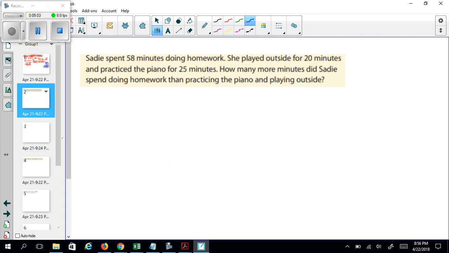Okay, so now here's the next one. Here it says that Sadie spent 58 minutes doing homework. She played outside for 20 minutes and practiced the piano for 25 minutes. How many more minutes did Sadie spend doing homework than practicing the piano and playing outside? So this is another multi-step problem here.